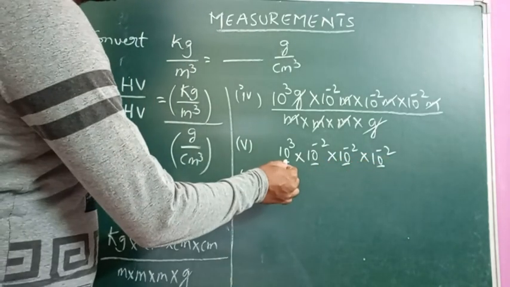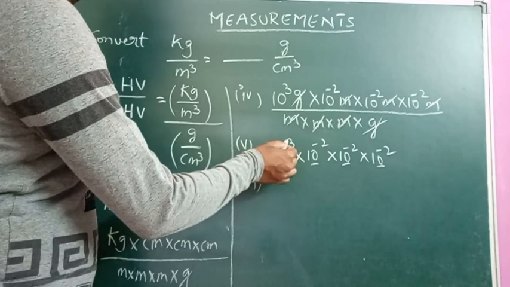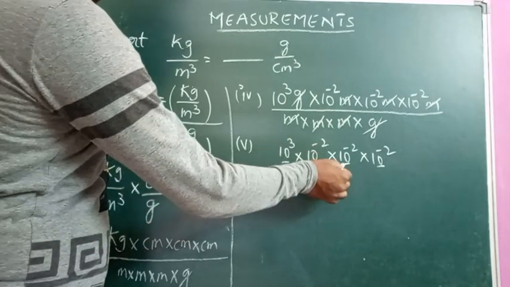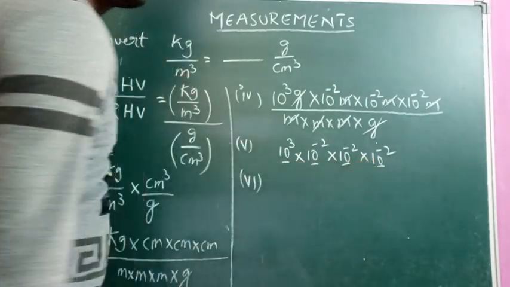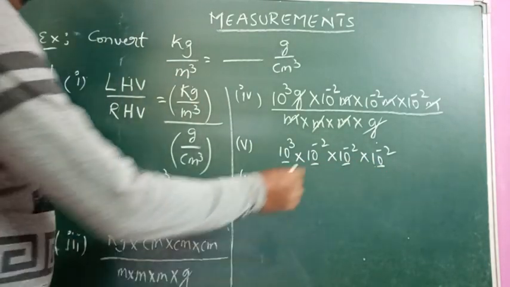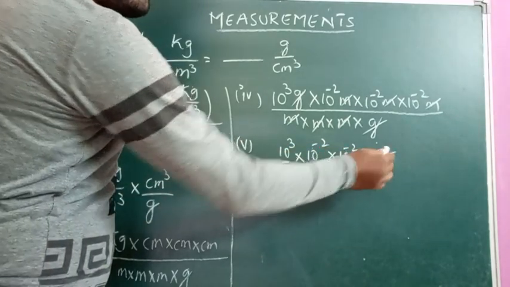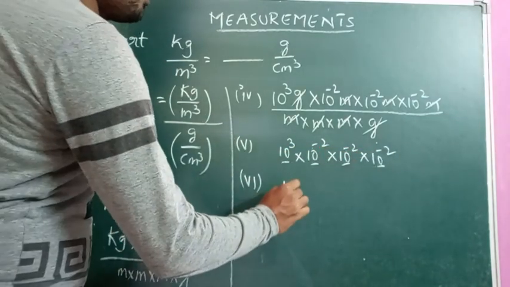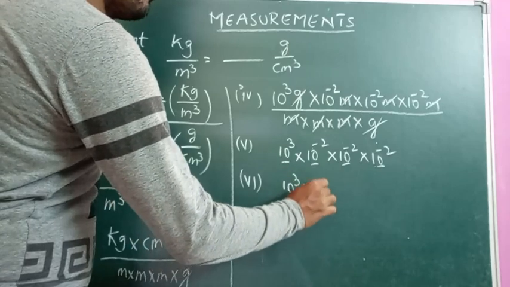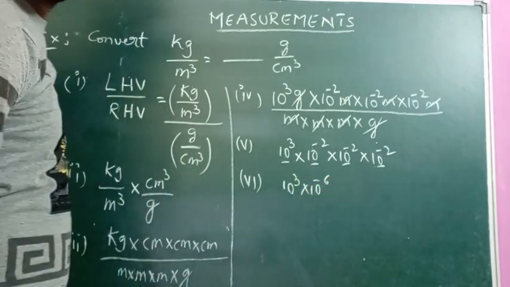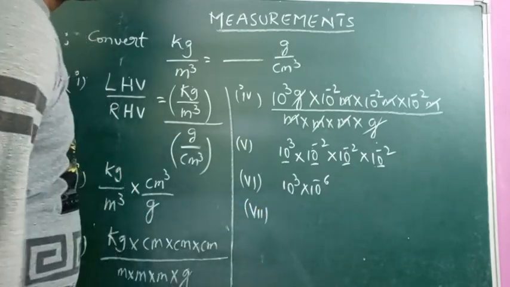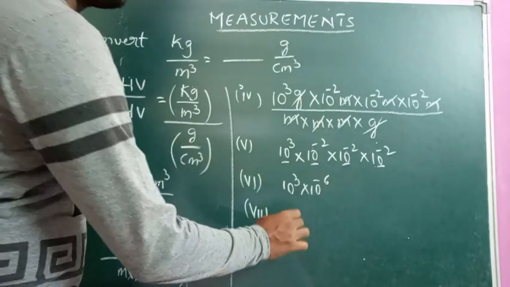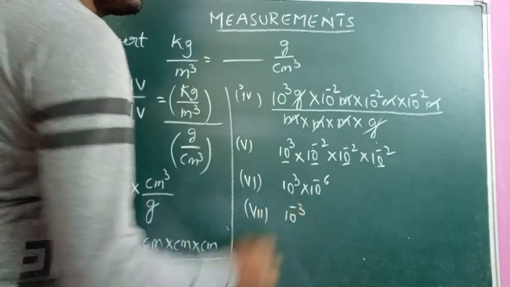Here the base is 10 and the power is 3, then 10 minus 2, 10 minus 2 and 10 minus 2. All the bases are same, so the powers are added. Minus 2 minus 2 minus 2 is minus 6. So 10 power 3 into 10 power minus 6, and 3 minus 6 gives 10 power minus 3.